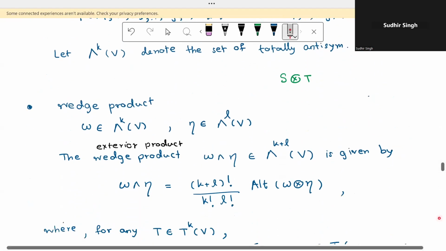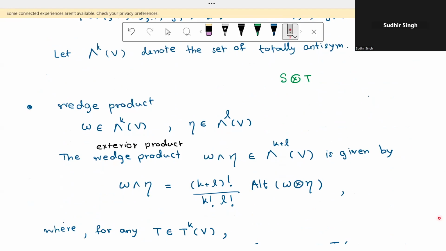Suppose we have a totally antisymmetric K tensor omega, and an L tensor eta, then we define the wedge product, or another word, exterior product, to be a K plus L covariant tensor obtained by this.